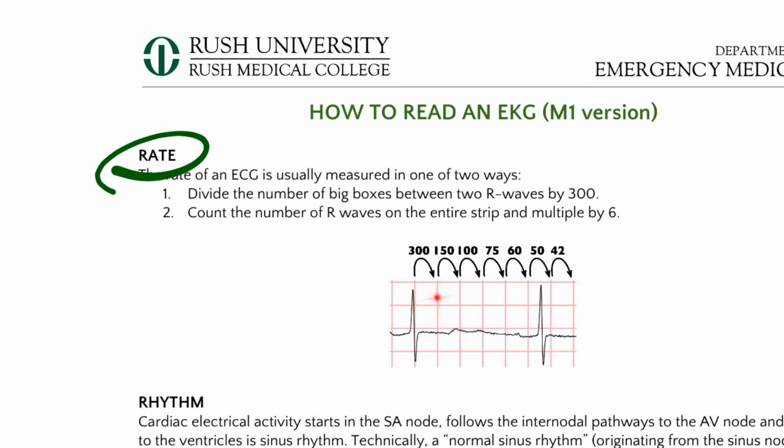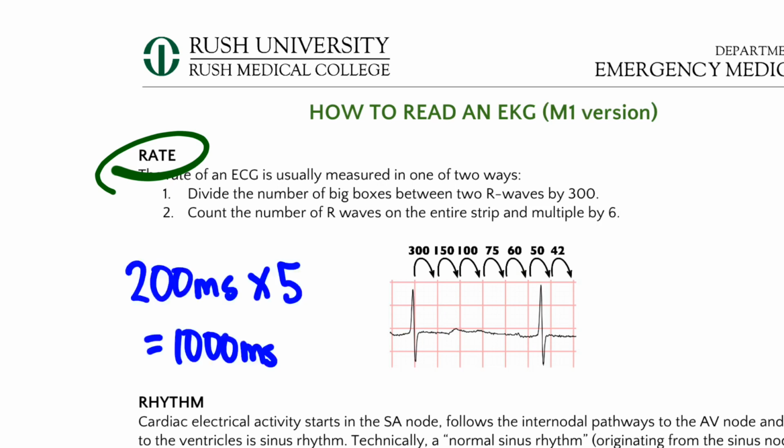So we got 1 big box, 2, 3, 4, 5, and then maybe 3 small boxes. So we have 200 times 5 equals 1,000 milliseconds. But then we had, I think we said, 3 more of those 40 millisecond boxes. So 1,120, we'll say, something like that. So a little over a second.